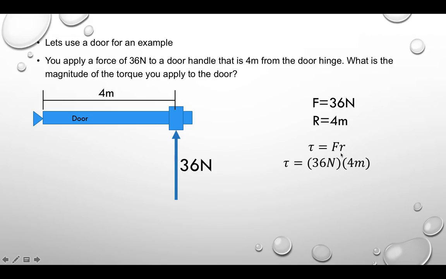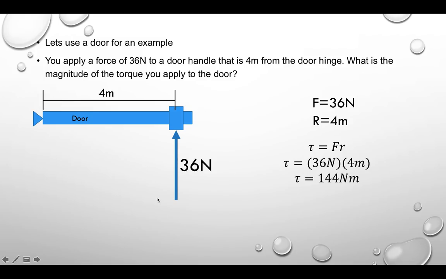We know the force is 36 newtons. We know the radius is 4 meters. We multiply those and get torque is equal to 144 Newton meters. So the amount of torque you applied to that door is 144 Newton meters. Did we answer the question? What is the magnitude of the torque applied to the door? Yes, we did. Torque equals 144 Newton meters.